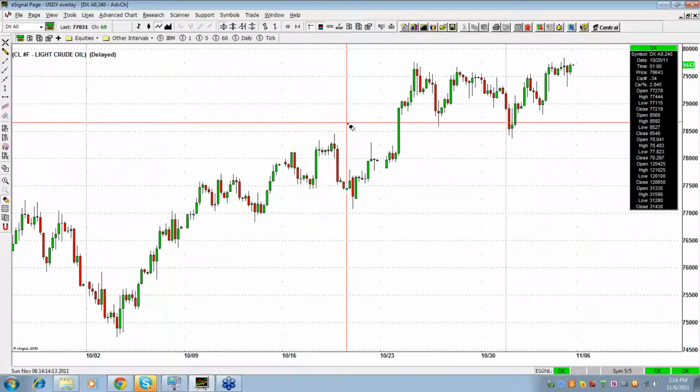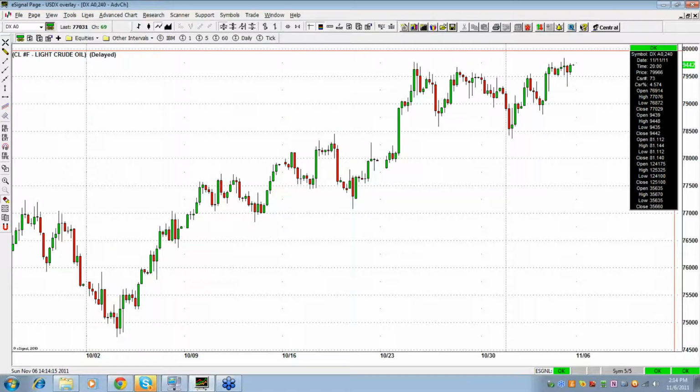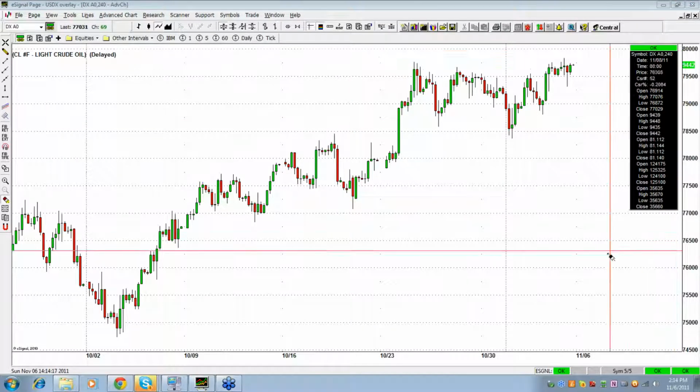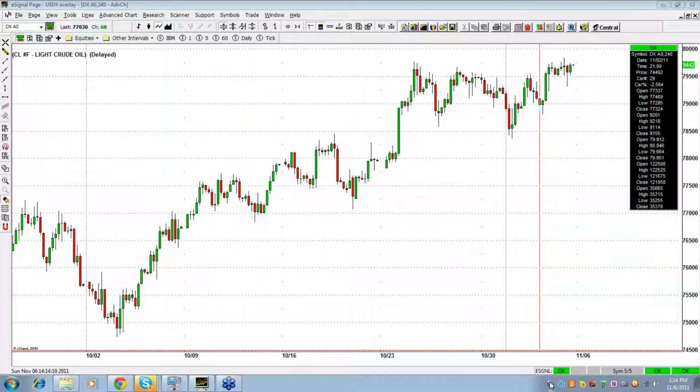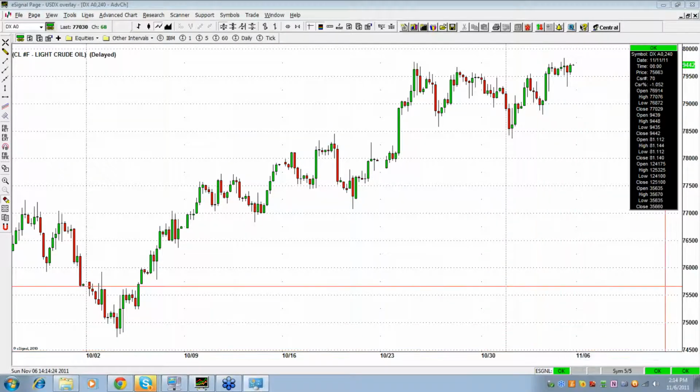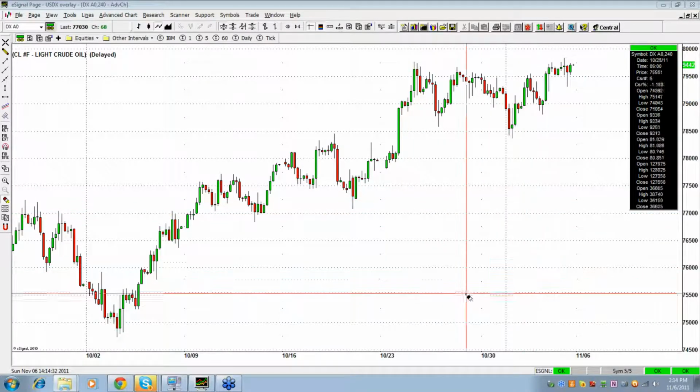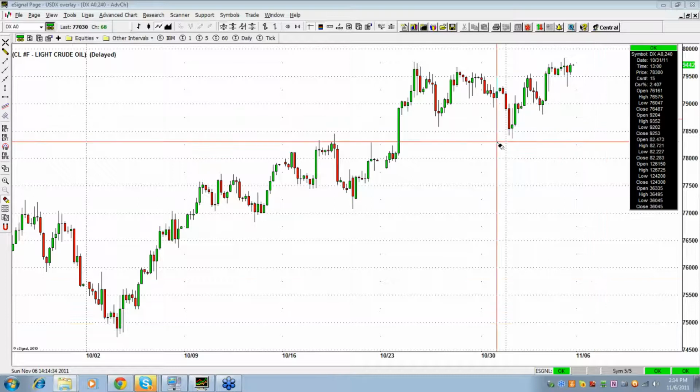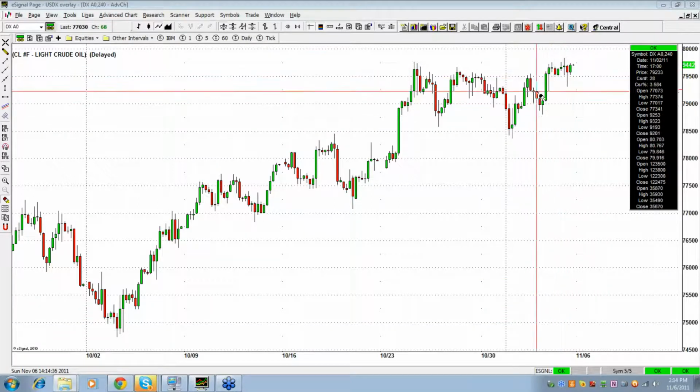Now, if you put the RSI, which we're going to do when we get back to the individual oil pair, because right here is when we do the market correlation, you're going to be able to see that there is a huge divergence in the momentum in this move.